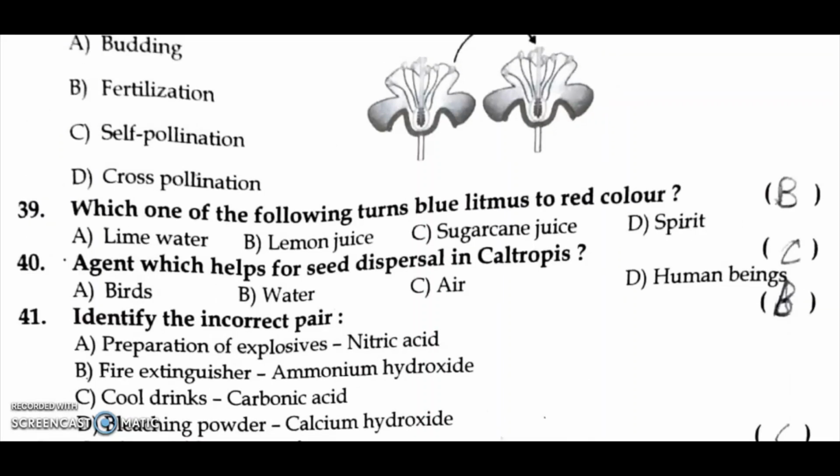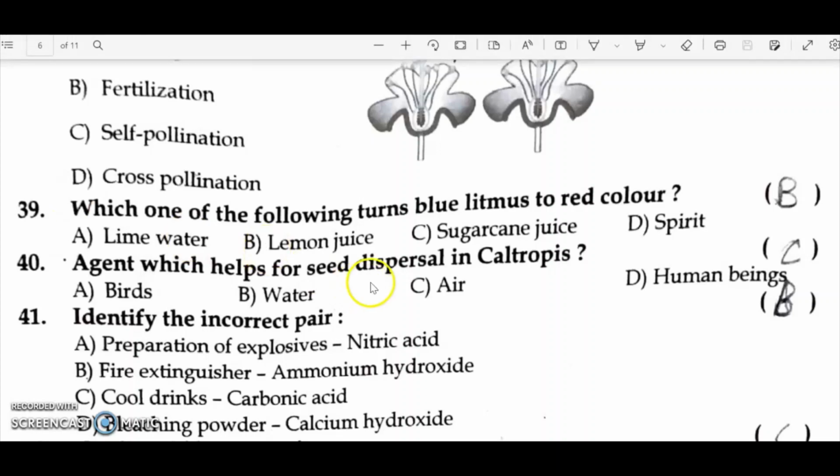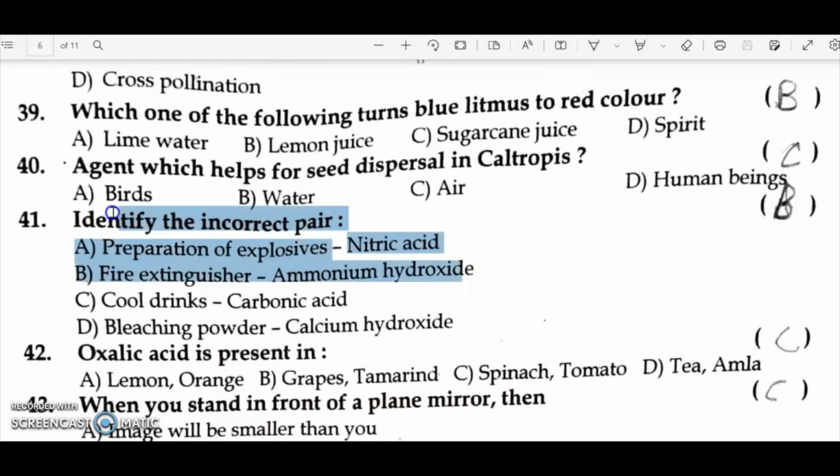So now on to our 40th question. The agent which helps in seed dispersal in Calotropis, the answer will be C. Air. Identify the incorrect pair.